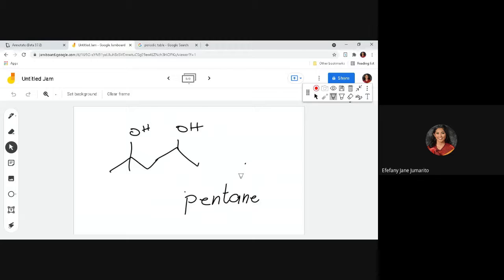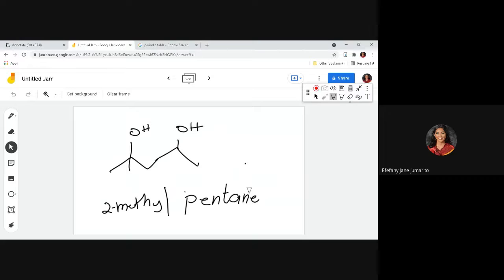Okay, and then we have functional group. Okay, substituent. 2-methyl. 2-methyl pentane.